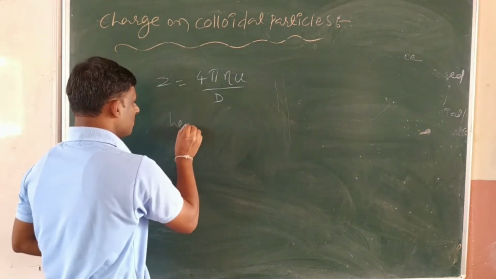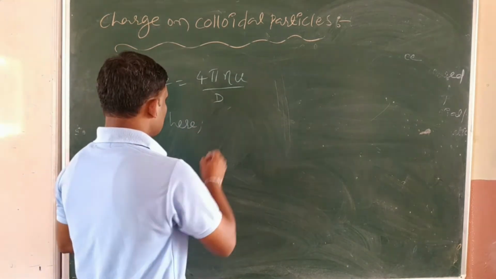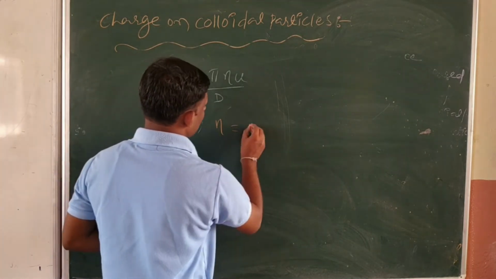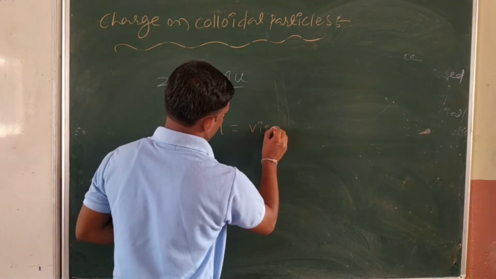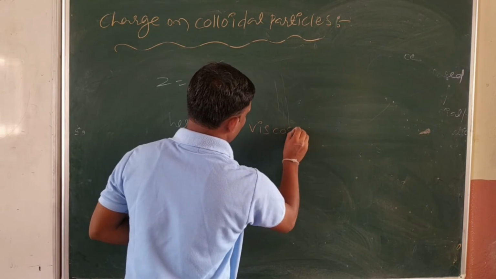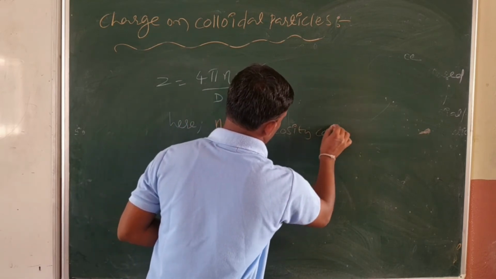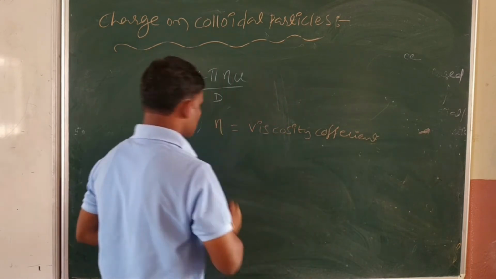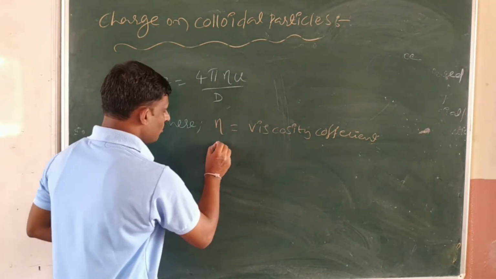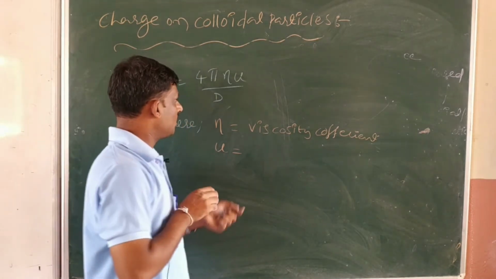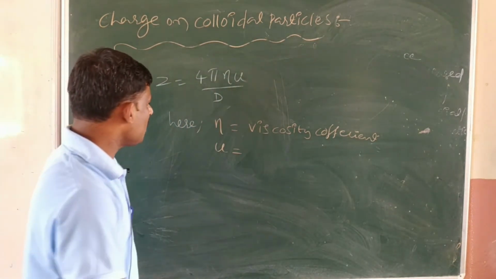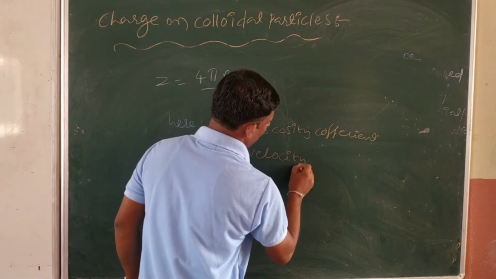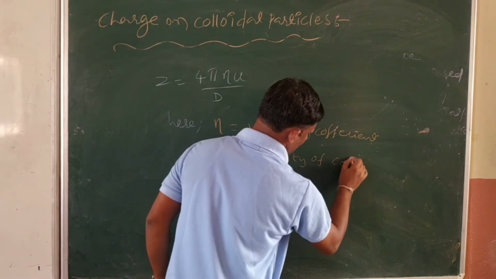So here eta is the viscosity coefficient, and u is the velocity of colloidal particles.